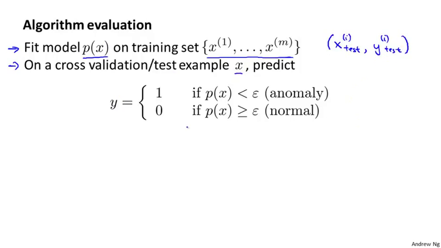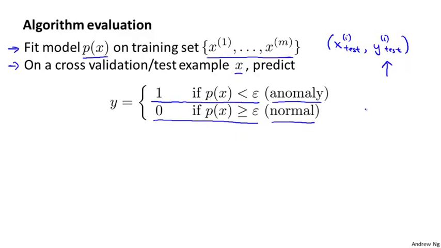So given input x in my test set, my anomaly detection algorithm, think of that as predicting that y is 1 if p of x is less than epsilon, so predicting that it is an anomaly, the probability is very low. And we think of the algorithm as predicting that y is equal to 0 if p of x is greater than or equal to epsilon, so predicting that it's a normal example if p of x is reasonably large. And so we can now think of the anomaly detection algorithm as making predictions for the values of these y labels in the test set or in the cross-validation set.